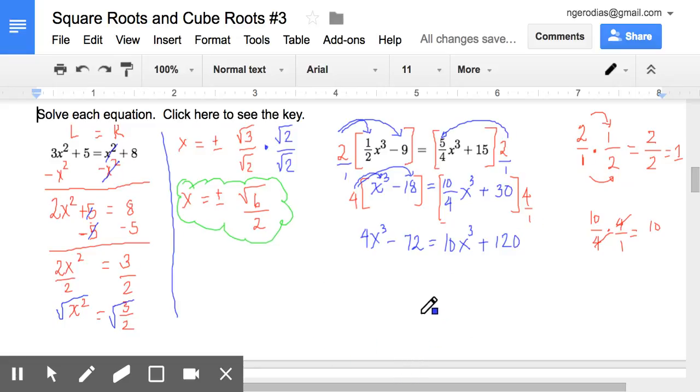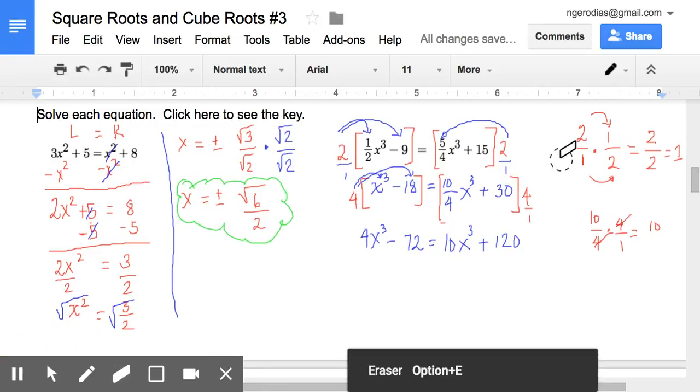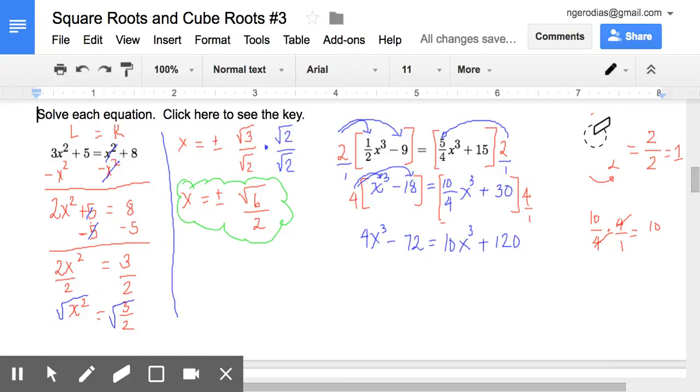Okay. So now no more fractions. We just need to isolate the x cubed and separate them from the constant terms.